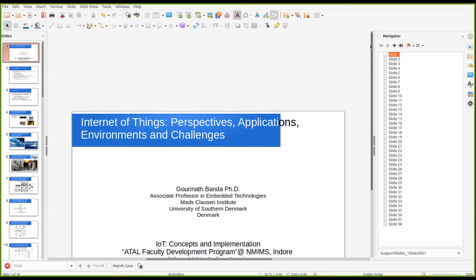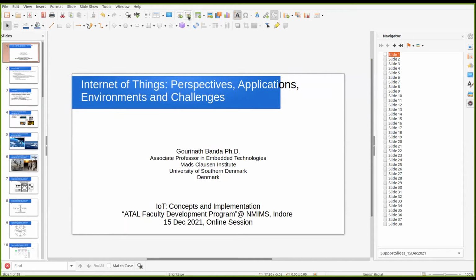All right, is my screen visible, Dhruv? Can you confirm? Yes, sir. Right. So I'm on leave from IIT Indore. Currently I'm an associate professor in embedded technologies at Mads Clausen Institute, University of Southern Denmark. That is the reason we got some glitches on the first day. Otherwise, I would have done this session on the first day, right?